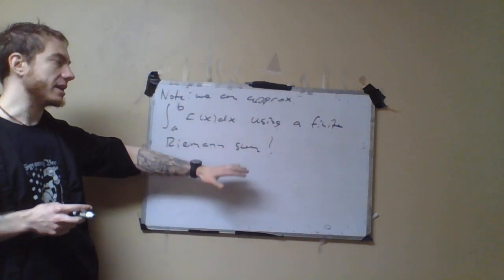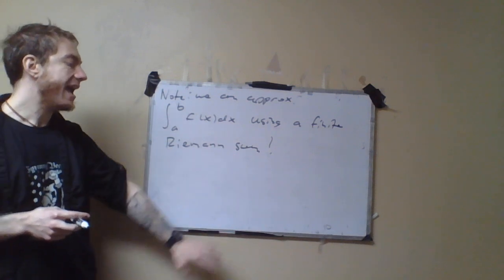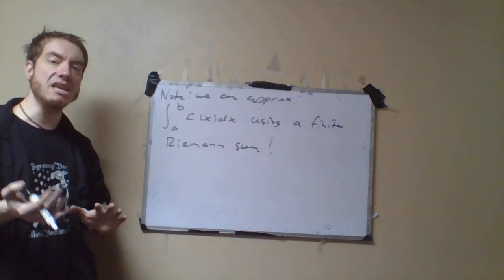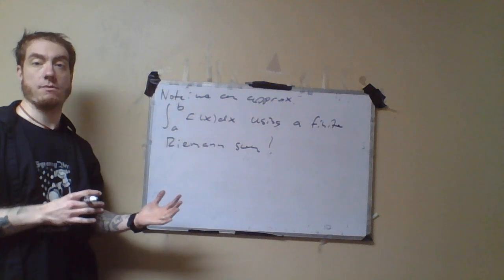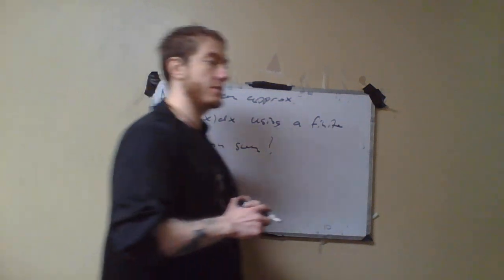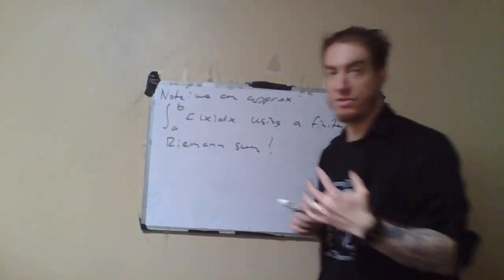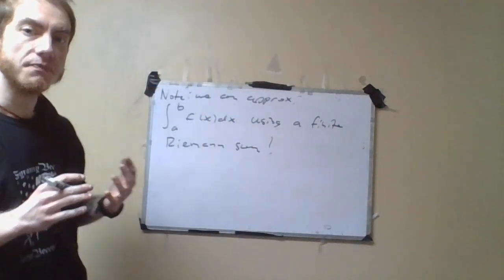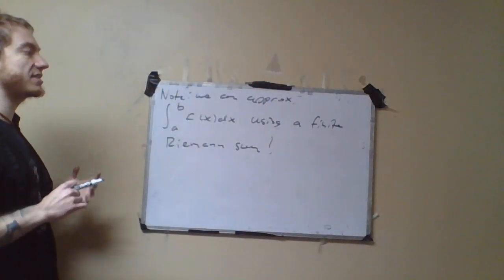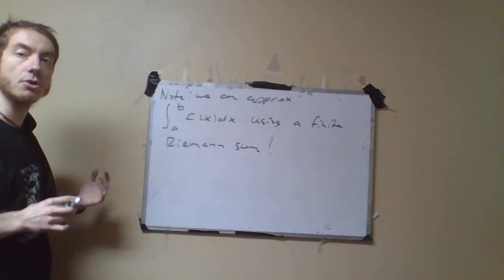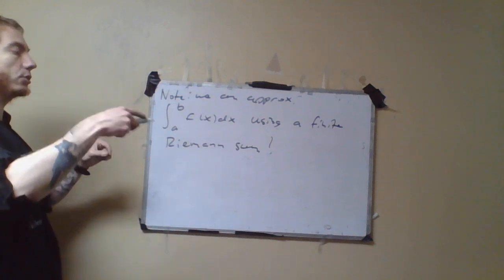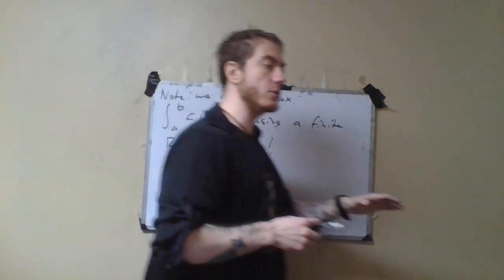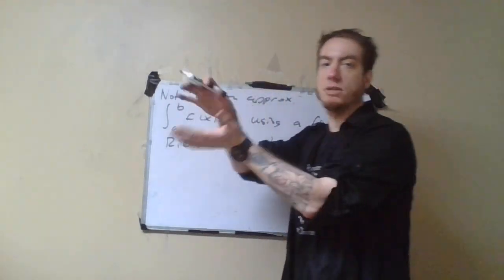If you do a finite Riemann sum, how far off could you be from the real answer? Then there are formulas that give you a bound on the error, and then you can tell your computer to keep on increasing the number of rectangles until the error is below a certain bound.